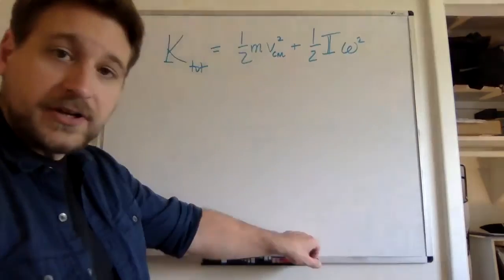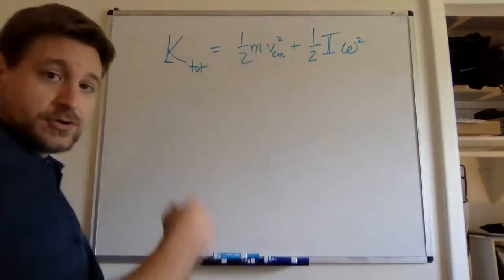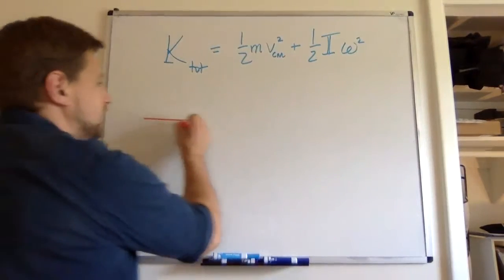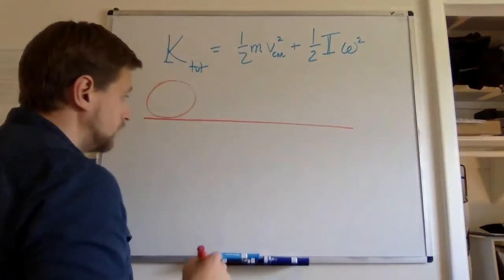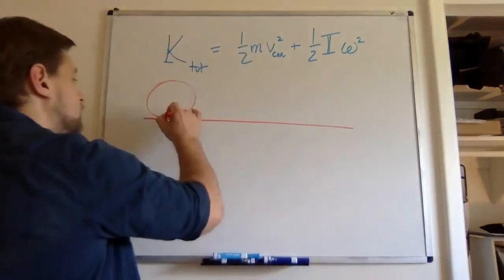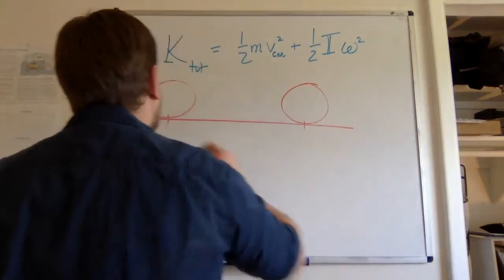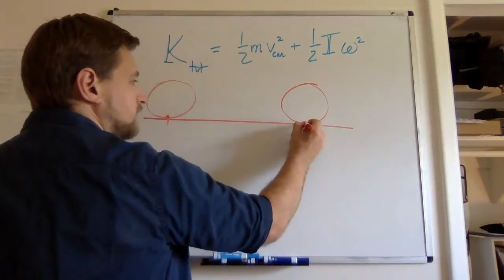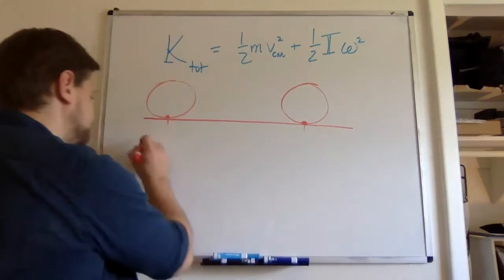All right, there's a very particular kind of combined motion that I'd like to say a little bit about, and that is if we are rolling along a surface. We go from here to here, and if this is the same point that rolls around and comes back to the ground, then the distance we've gone is the circumference.